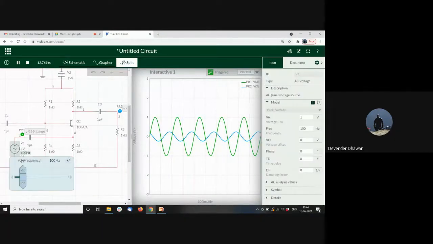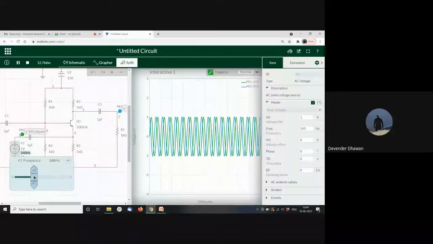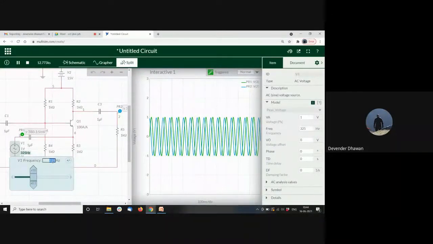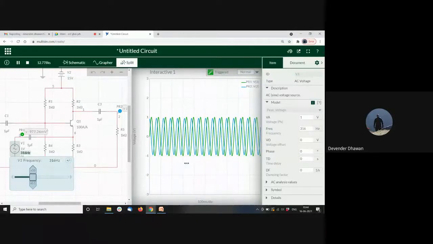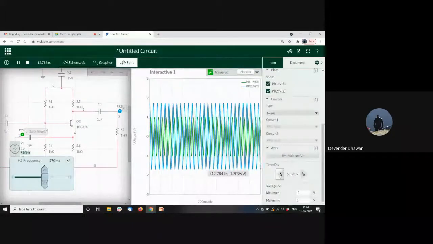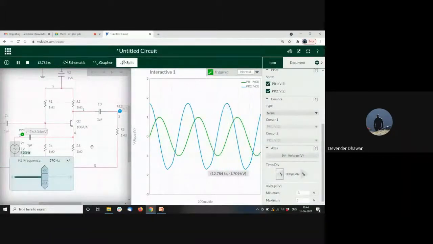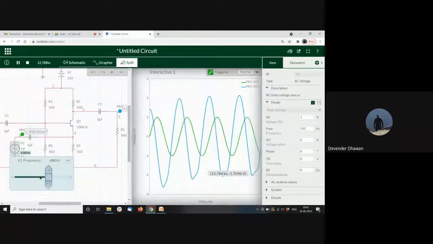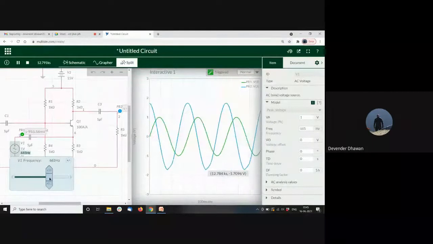If we keep on moving, now we are roughly at 316, which is what we were expecting. You see the signal is almost equal to the input, and if we cross this point, it will start increasing. So the amplification will start happening. Okay, so this one is also working pretty fine.